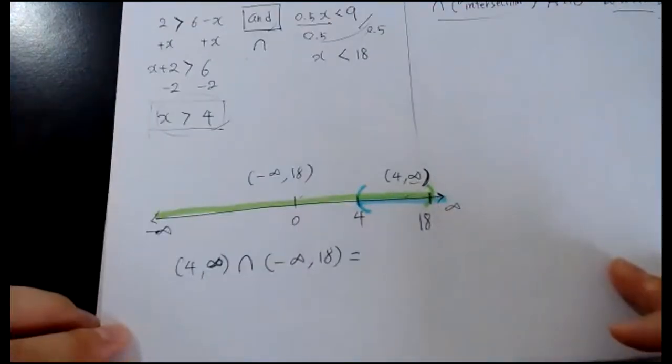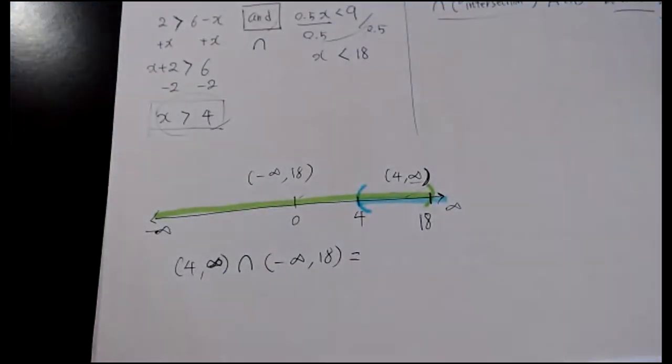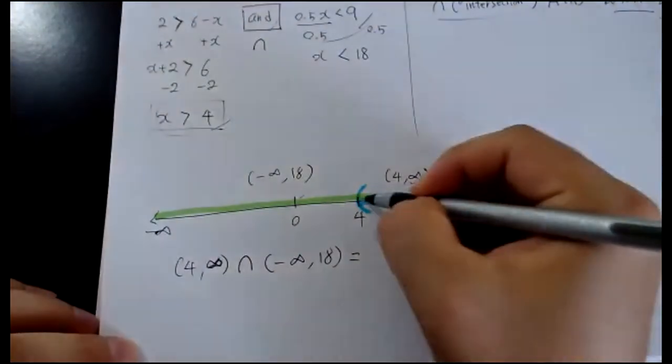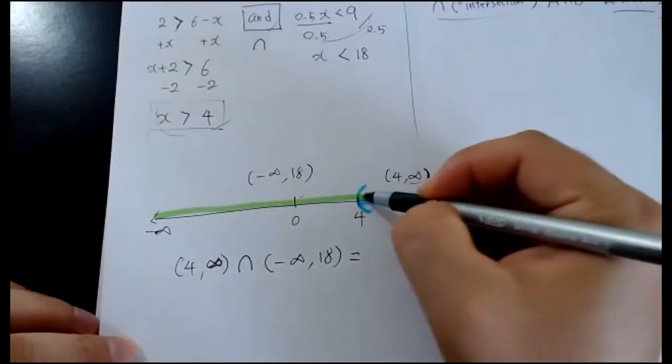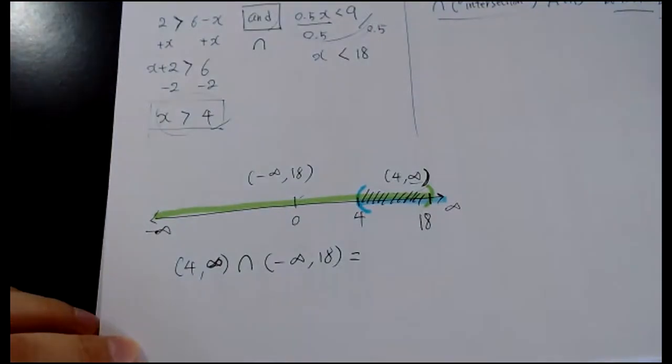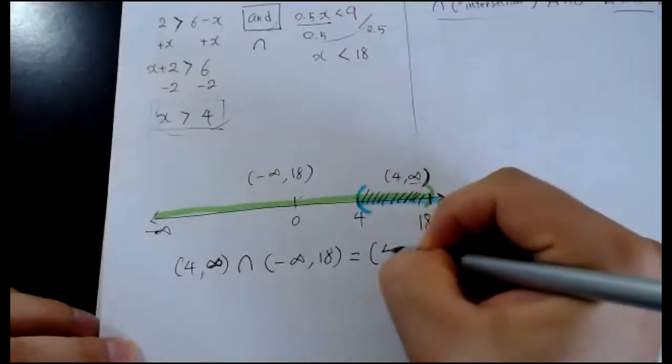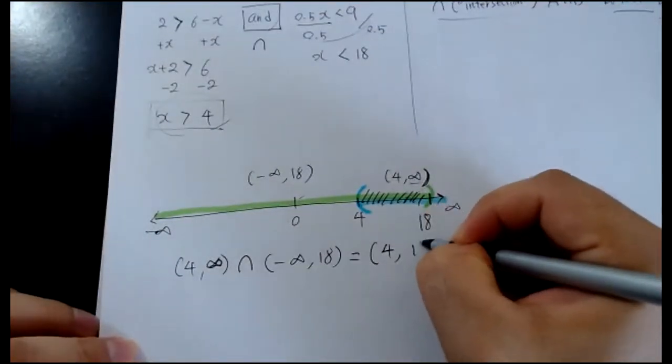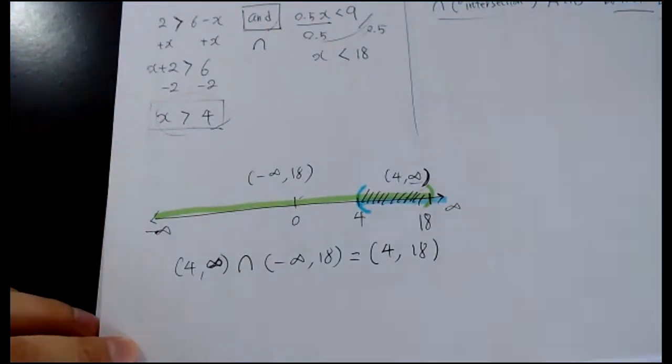How can you do that? We have to find the common part, I mean the overlapping part, which is here. Okay, so 4 open to 18 open.